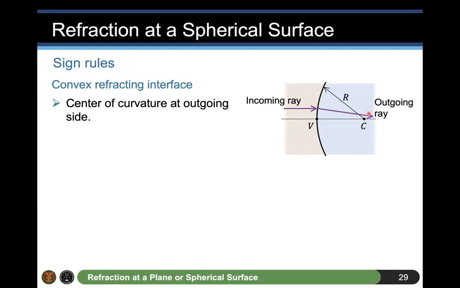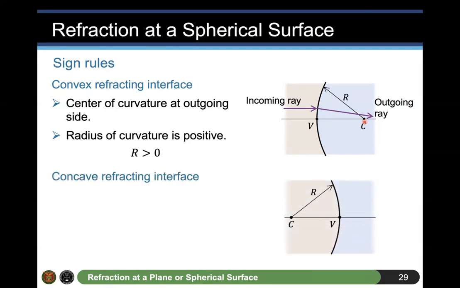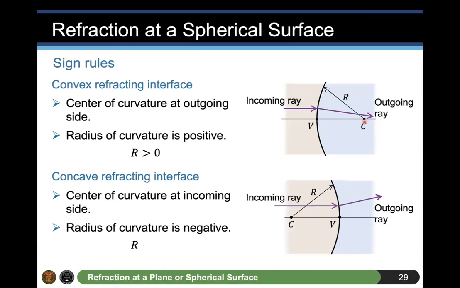So, for a convex, yung center of curvature C, same na siya ng side ng outgoing ray. So, that means the radius of curvature is positive for a convex refracting interface. Okay? For a concave, negative naman siya.